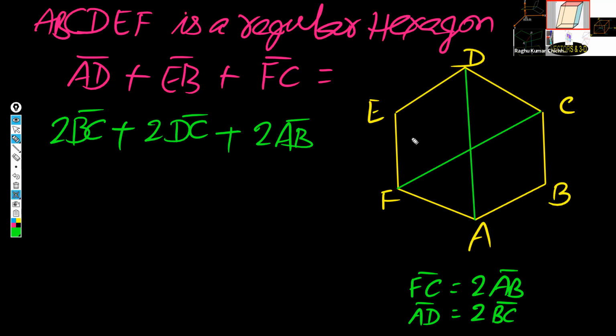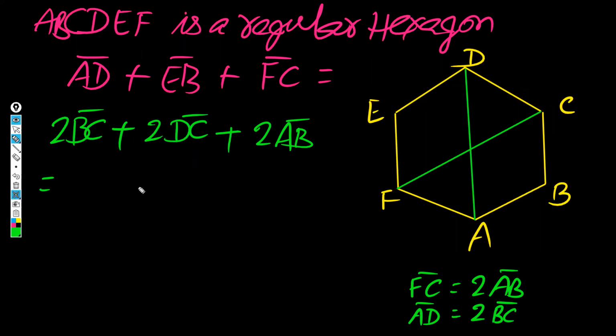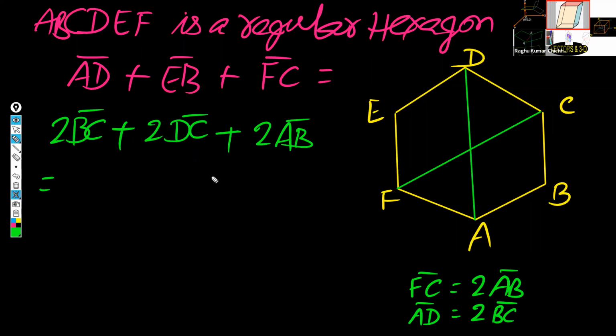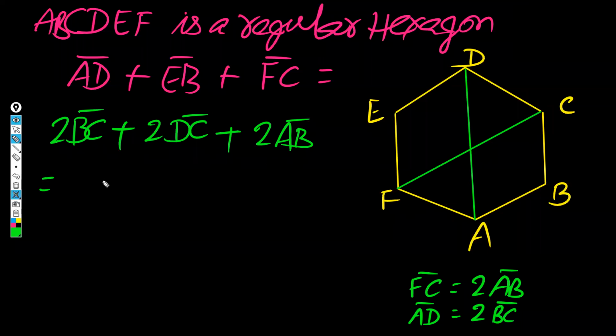Yes, sir. Now we need this in terms of AB. The answer should be in terms of AB. DC is parallel to FA and BC is parallel to FE. Yes, sir, 4 AB bar, sir.